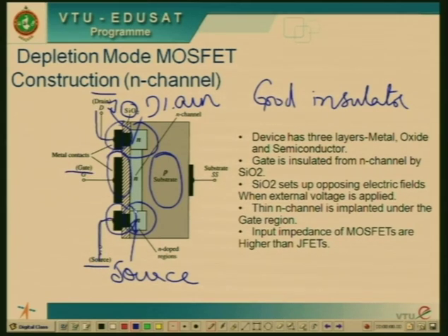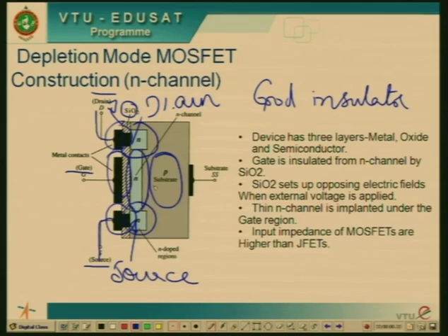In fact, the channel is also created even before the metallization process, that is laying of metal, is done. So, this channel is in fact implanted using a process called ion implantation.